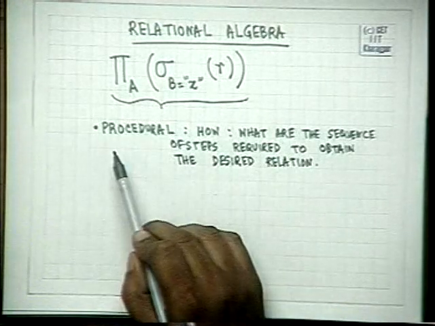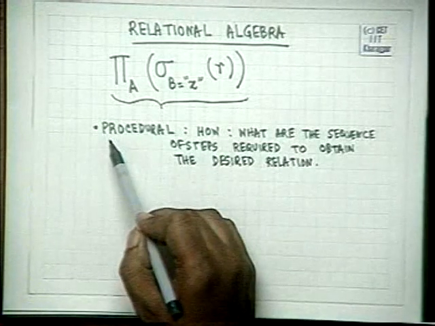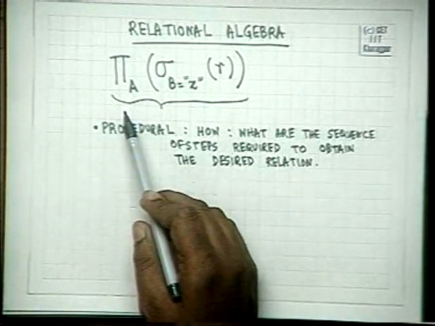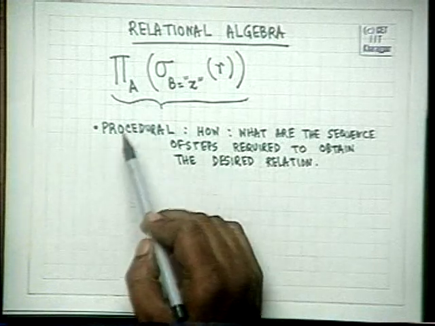So that is what relational algebra is, a mathematical mechanism for defining new relations over a relation scheme, but it is procedural in nature.